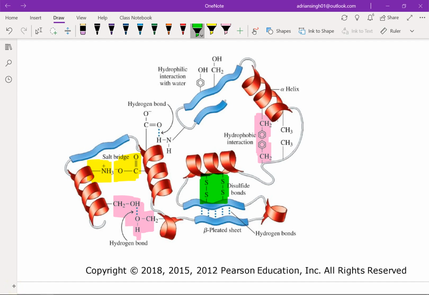And then the fifth one that we saw would be the hydrophilic interaction with water, right? So here we have our polar amino acid R groups that will interact with the aqueous environment on the outside. All right, so these are going to be the 5 types of R group interactions that are going to drive the 3-dimensional shape of our protein.